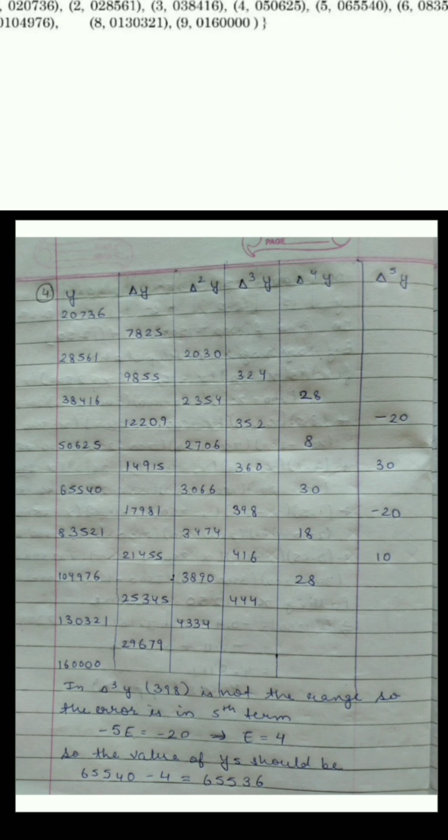So the value of y5 should be 65540 minus 4 is equal to 65536. So the correct fifth term should be 65536. Using this, there will be no further error in this question.